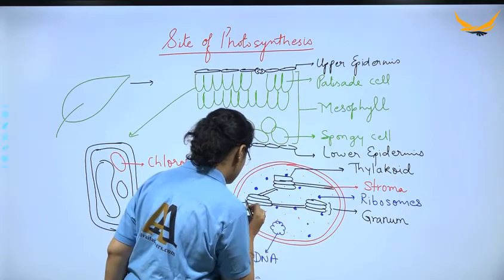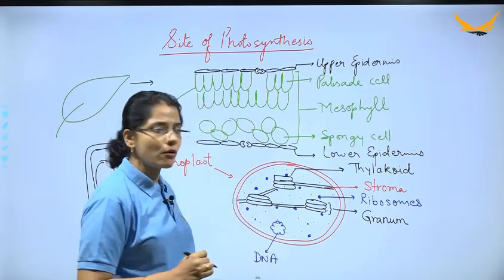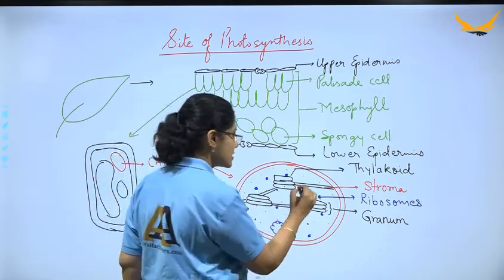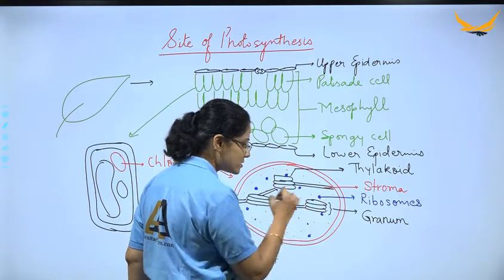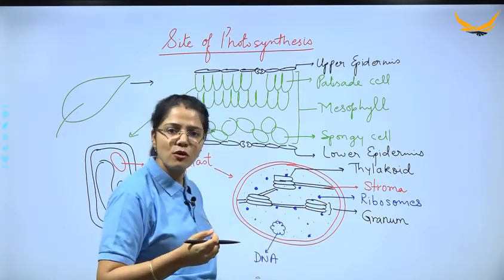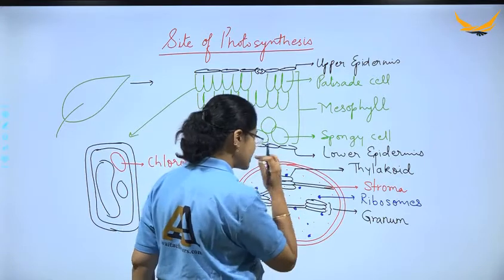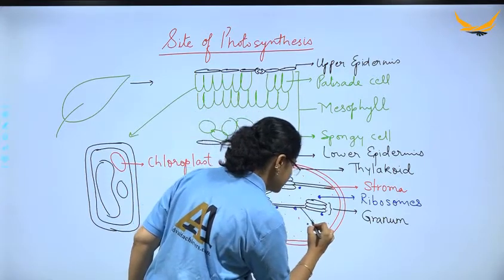Right? This we call the stroma lamellae. Just as this was the stroma, these membranous structures by which they are connected are the stroma lamellae. Let us put the label here.